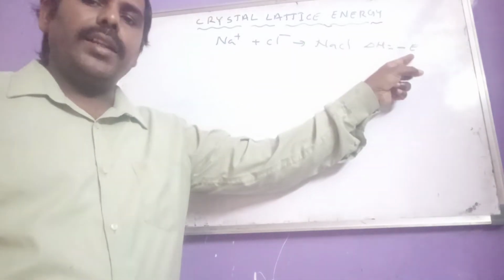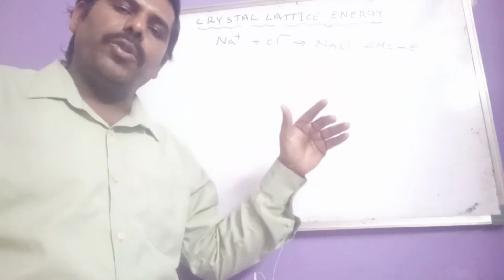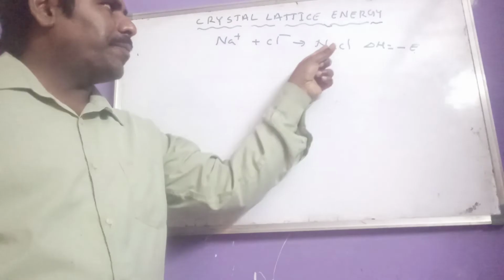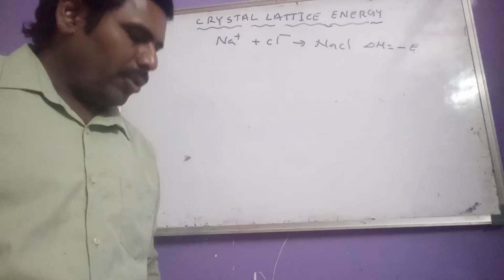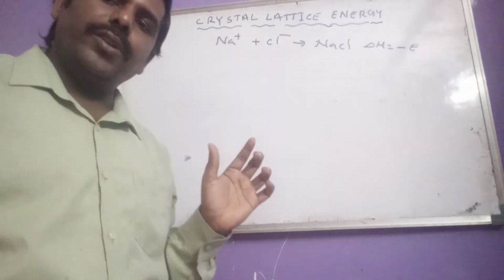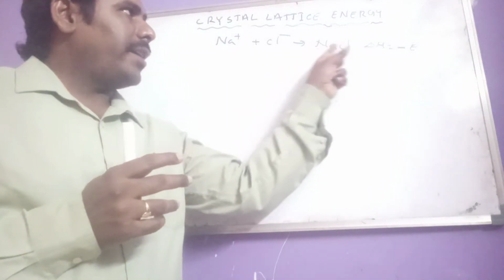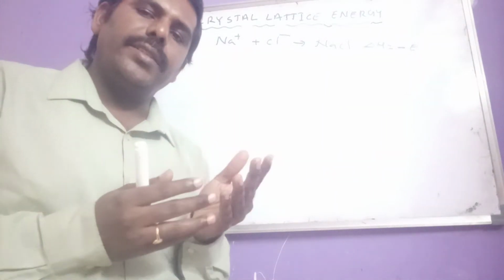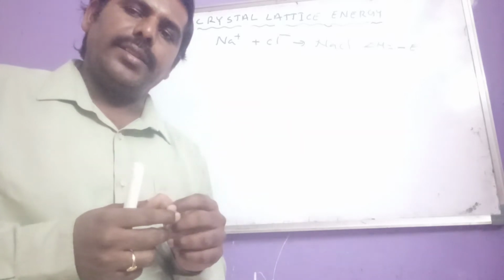The energy liberated when 1 mole of NaCl is formed is the same amount of heat energy by which we can disperse NaCl into its constituent ions. So this is the definition of crystal lattice energy. As the attraction between oppositely charged ions increases, crystal lattice energy also increases.